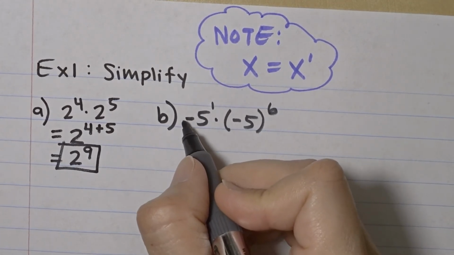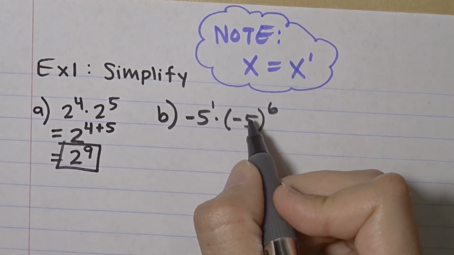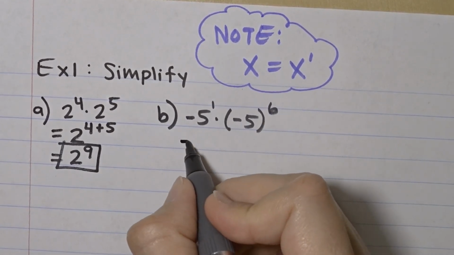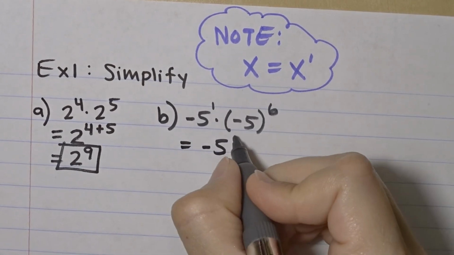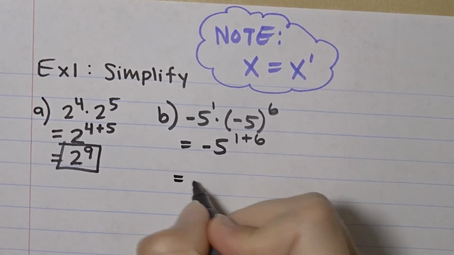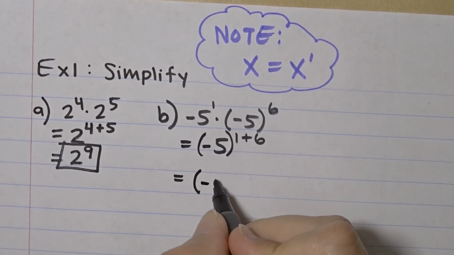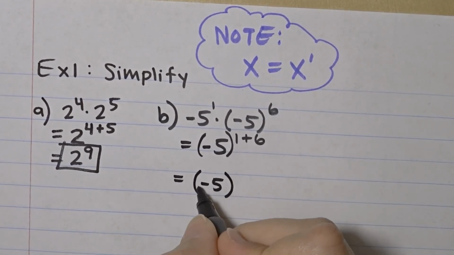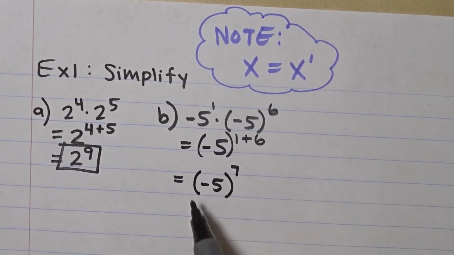And this negative, even if it tags along to the 5, is still a -5. So the rule says I would keep the same base and just add the exponents: 1 plus 6. My answer is going to be, keep the parentheses, I want this entire number, the negative and the 5, to be raised to the 7th power. And that is your answer.